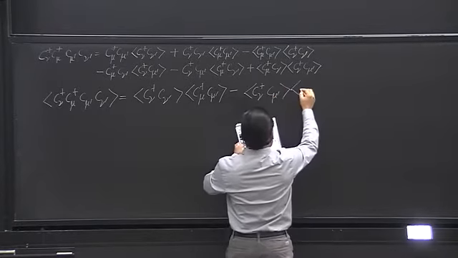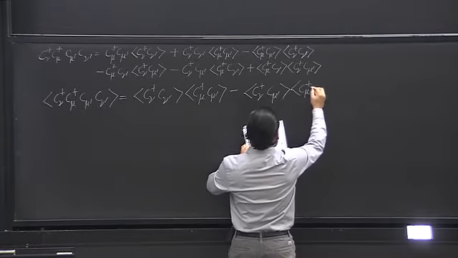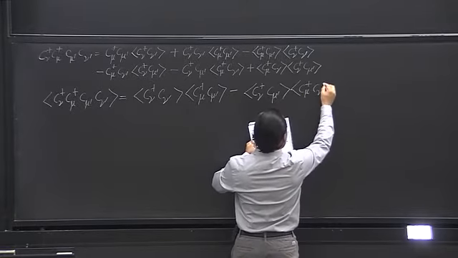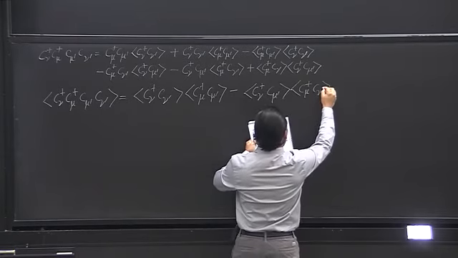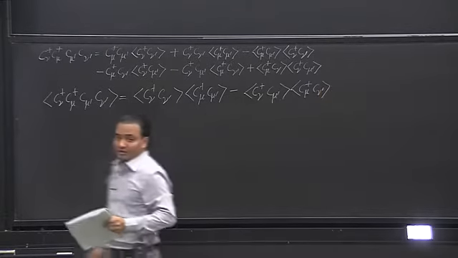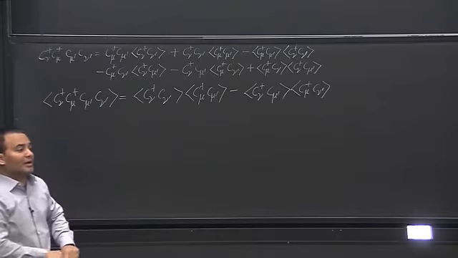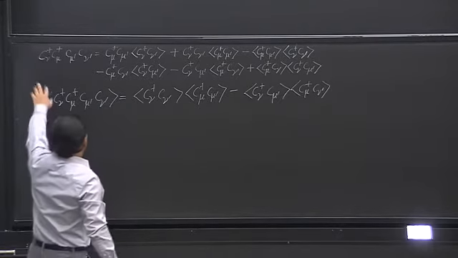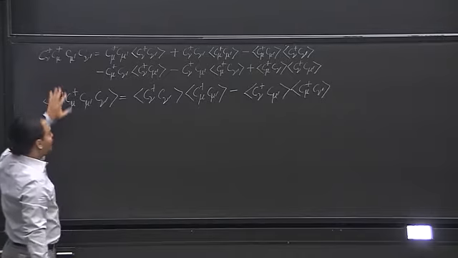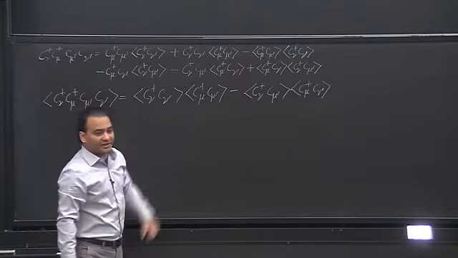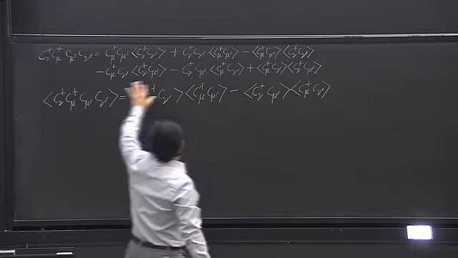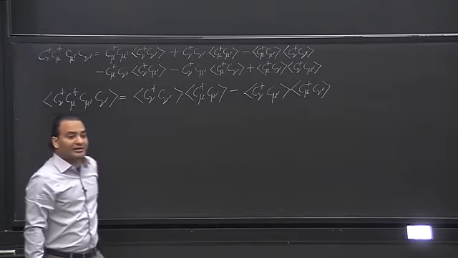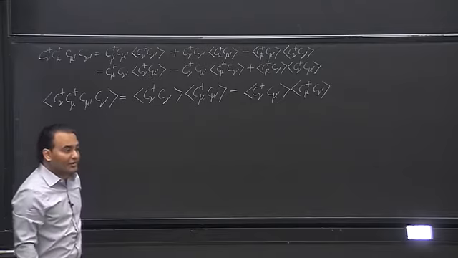You can check your notes. Now all you have to do to see this is take the expectation value in the top line on both sides. When you take the expectation value on both sides, the left-hand side becomes this, the right-hand side becomes this. One of these will cancel with this, one of these will cancel with this, and you will get precisely the result you expect from Wick's theorem.